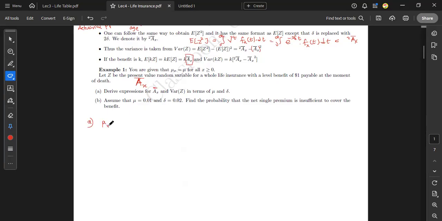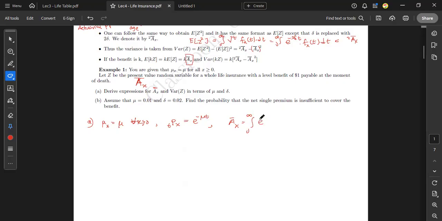So we know that mu x is equal to mu for all x which is non-negative. Because of that, we can find the survival probability from x to t is e to the power negative mu t, because if you integrate this and put it into the negative exponent, this is the value. And from the definition of this, we know it goes from 0 to infinity.